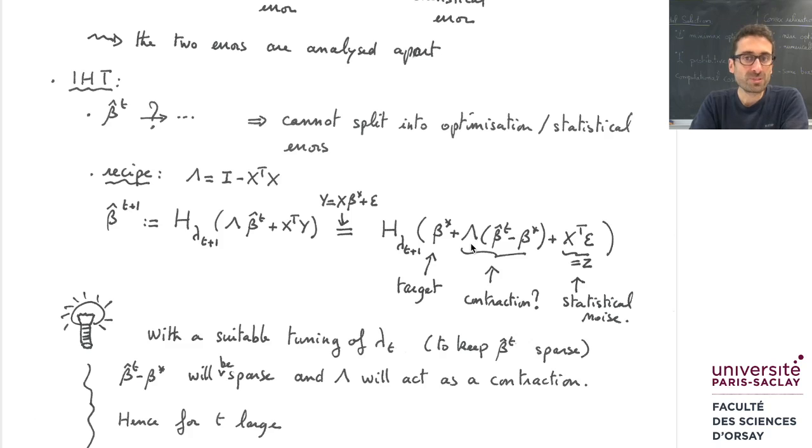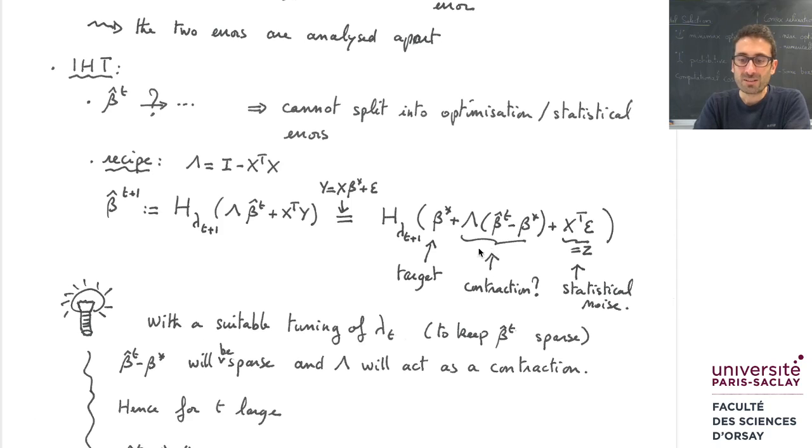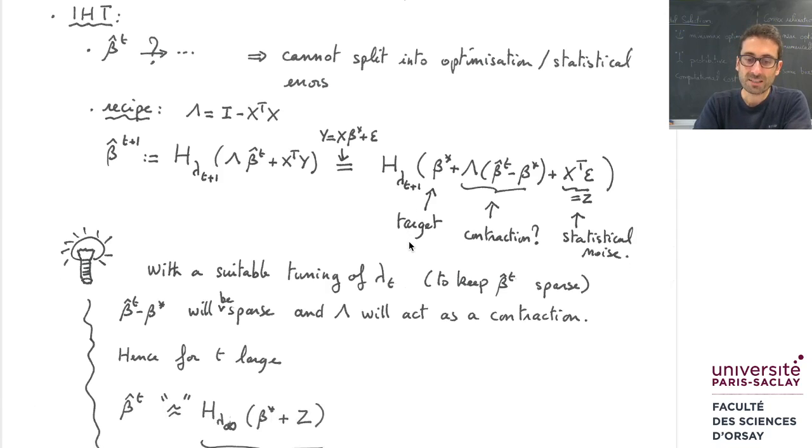Of course it will not always be the case, it will depend on the matrix capital Lambda, but under some condition on the matrix capital Lambda, we will see that there is a contraction of this term, so it will decrease, and it will not go to 0, but just for simplicity assume that it goes to 0. Then essentially what you will have is beta star plus a statistical noise, and what you will do is apply hard-thresholding on this.